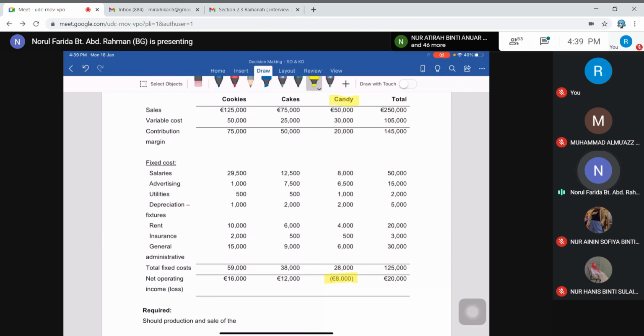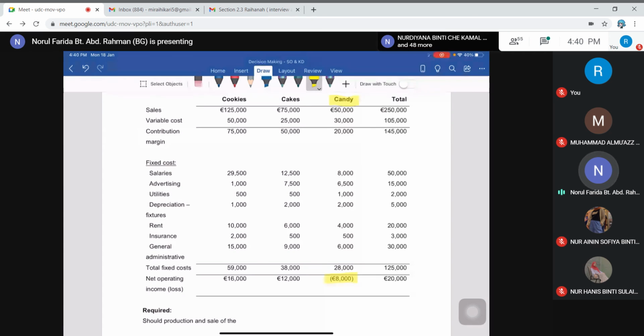Okay, because remember 3 produk dalam satu company dia akan write off each other, betul? So dia akan affect the total lah bahagian kanan sekali tu, total for the whole company itu dia akan affect everything. Okay, semua dia akan affect. So you can see that cookies operating income is 16 plus dengan cake is 12.